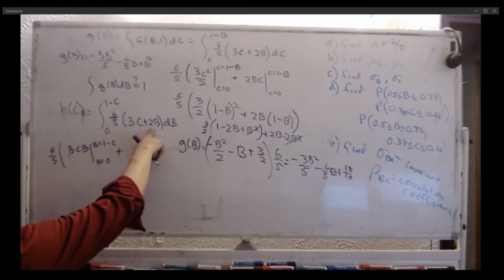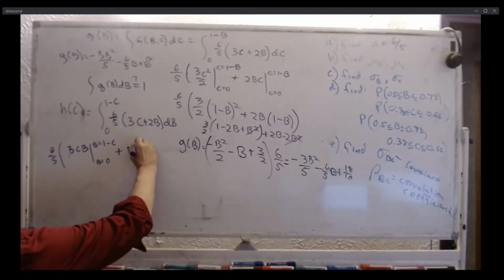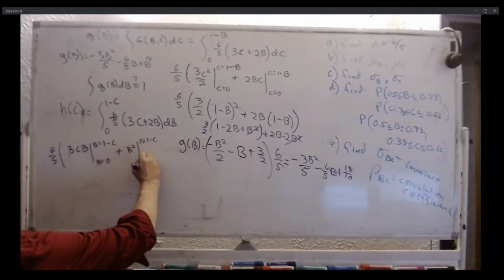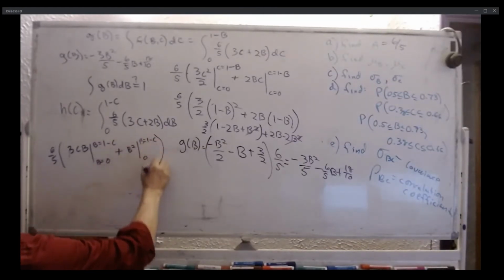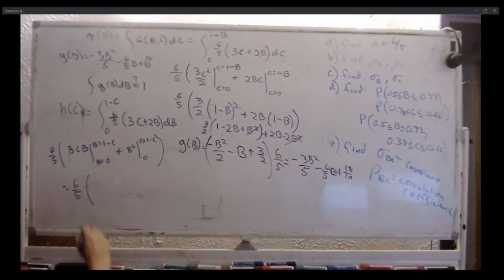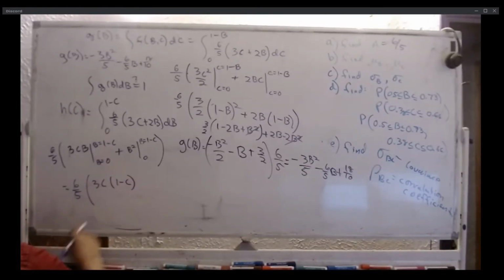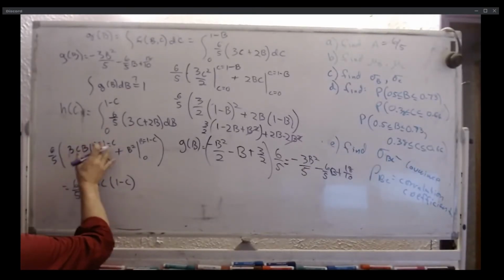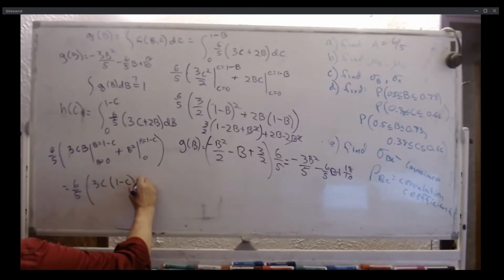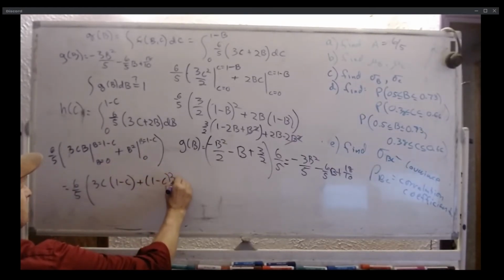Now we have to integrate this with respect to B. Doing this, we're just going to get nothing more than B squared, right? What do we get? 3C times the quantity 1 minus C. You put 0 in for B, everything goes away. And we add to this B squared, so we get 1 minus C, quantity squared.